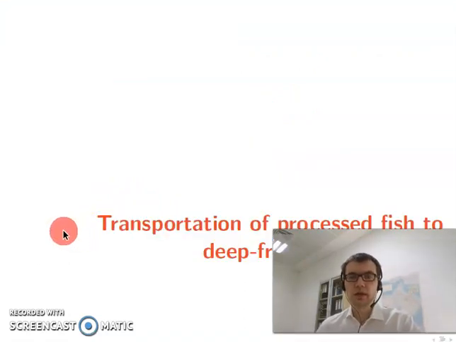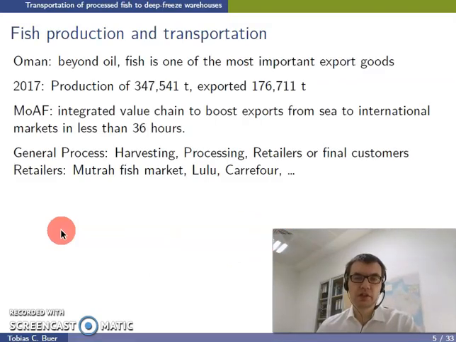Let's start with an example. We look at the transportation of processed fish to deep freeze warehouses. As you know, fish production is beyond oil a very important sector in Oman. In 2017, we produced almost 350,000 tons, and almost 180,000 tons were exported to other countries.